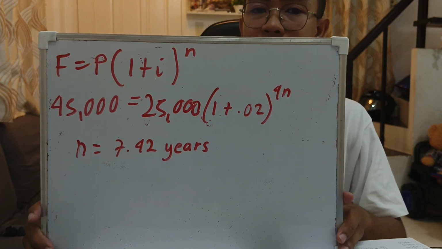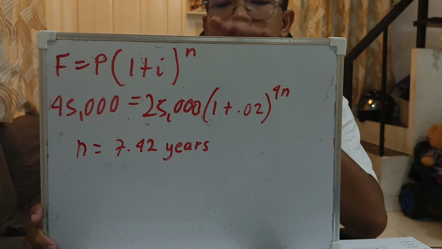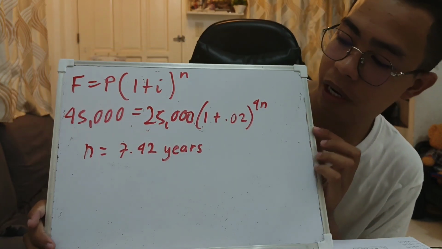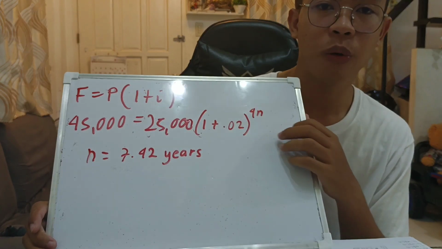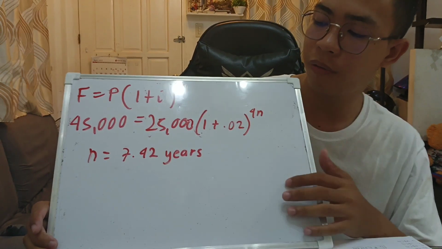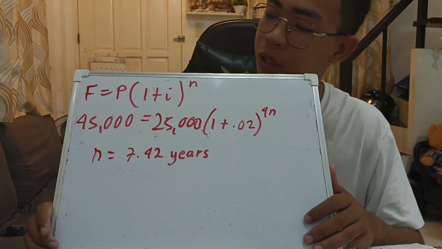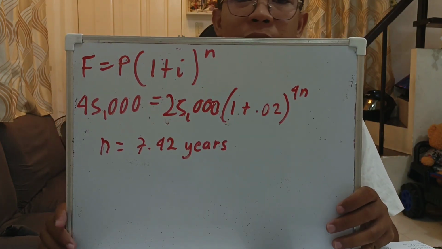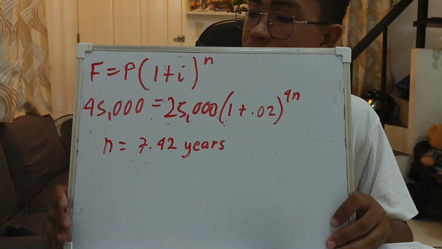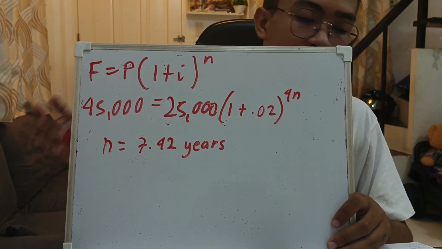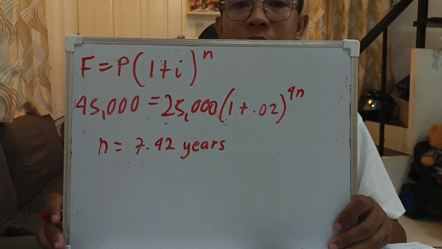And you will just have to substitute those values to the formula, and you can use shift solve here. I am using shift solve in this particular form of given, or what is asked. If what we are looking for looks like this, I always use shift solve because it is very convenient. And if you use shift solve, you'll be arriving at this number, 7.42 years, and that is our final answer.